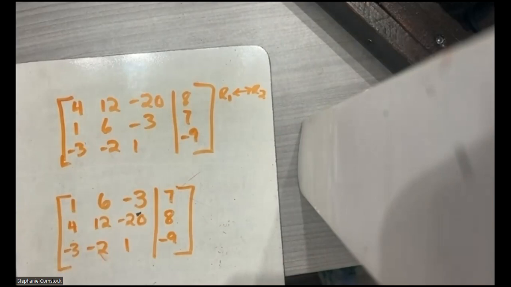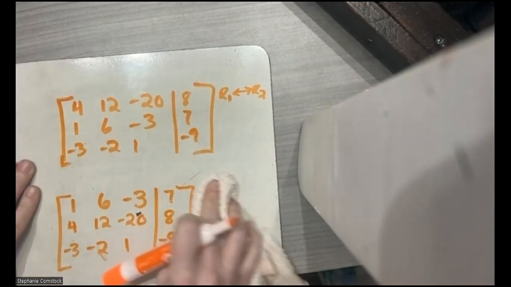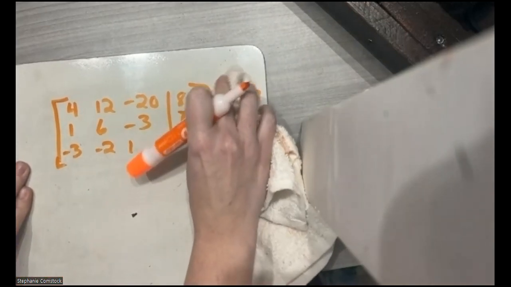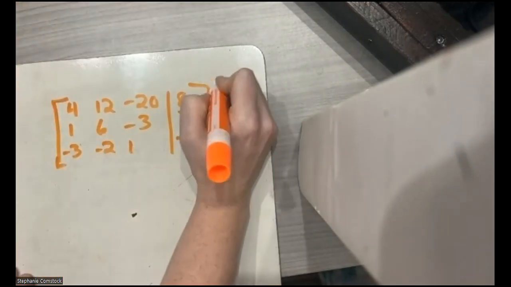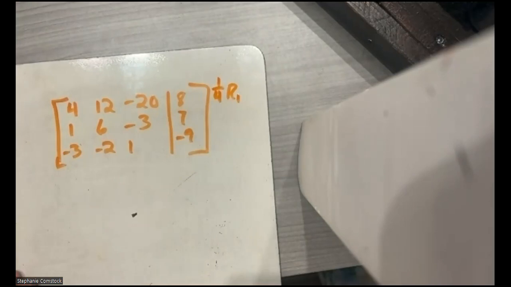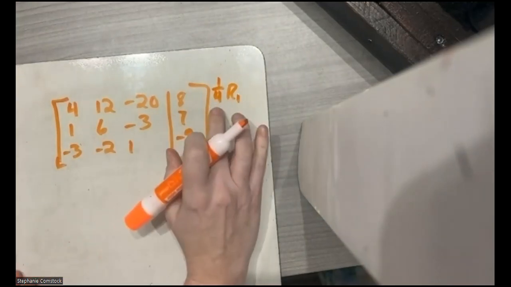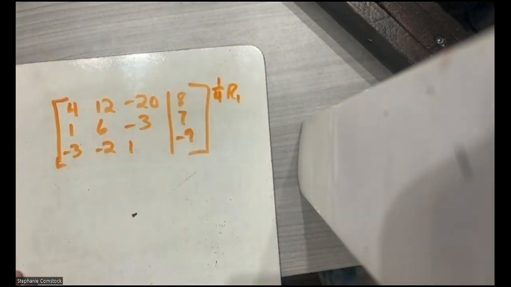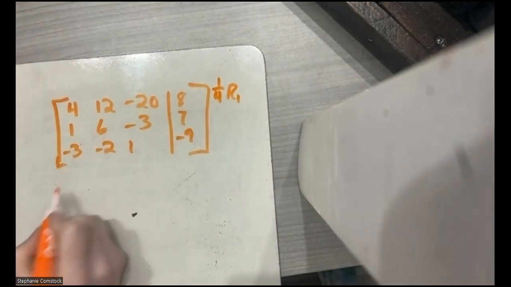Okay, now the next operation, and again, normally we would keep this process moving on, but we're using kind of the same basic matrix. So this would be 1/4 row 1. You could also put row 1 divided by 4. Okay, it accomplishes the same goal.